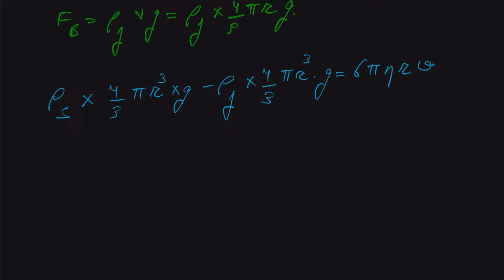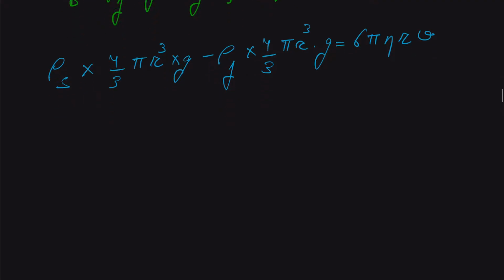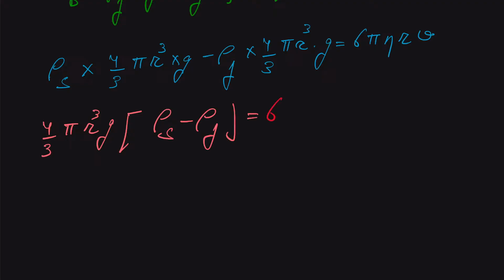And we can just sort it out. We take 4 by 3 pi r cube times g as common, so this becomes the density of the sphere minus the density of the fluid equal to 6 pi mu r times v.